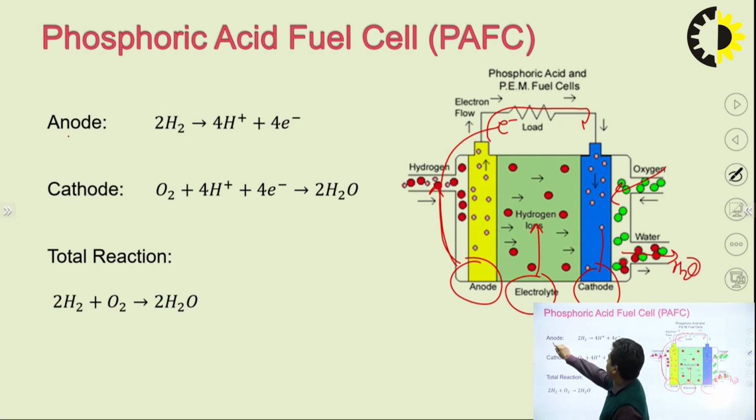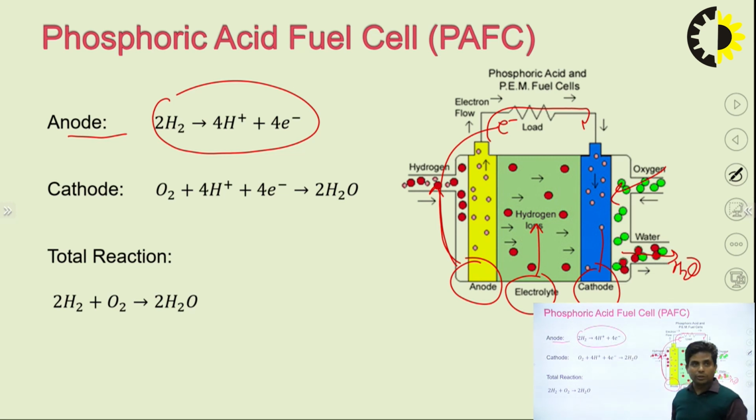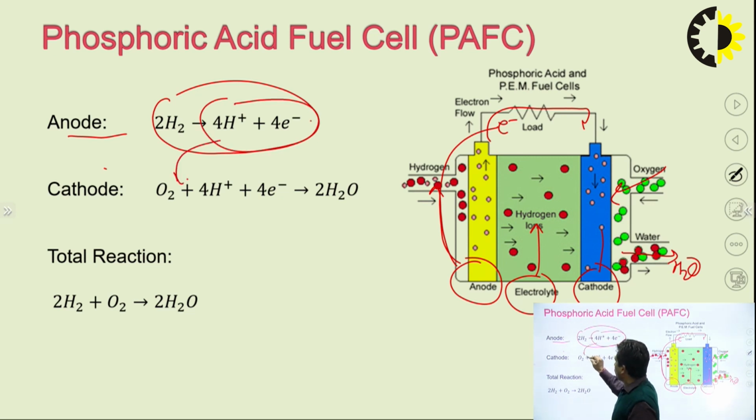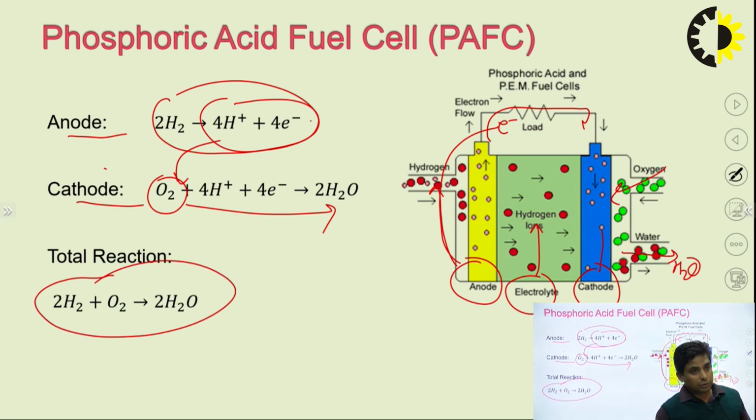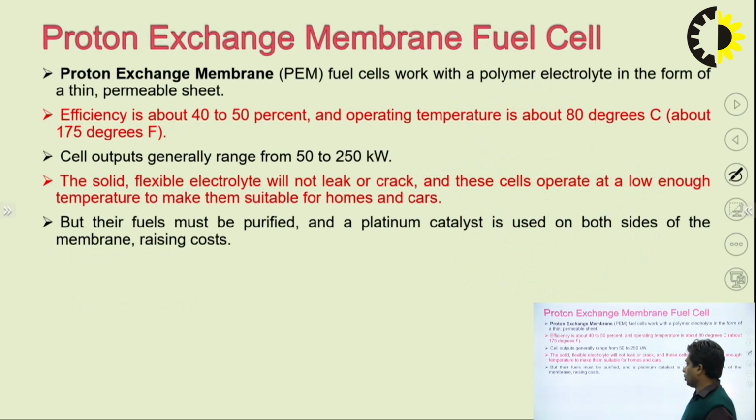At the anode, the hydrogen breaks into hydrogen ions plus electrons, and these hydrogen ions and electrons combine together with oxygen at the cathode, generating the water molecule. So overall the total reaction becomes: oxygen plus hydrogen gives 2 water molecules.